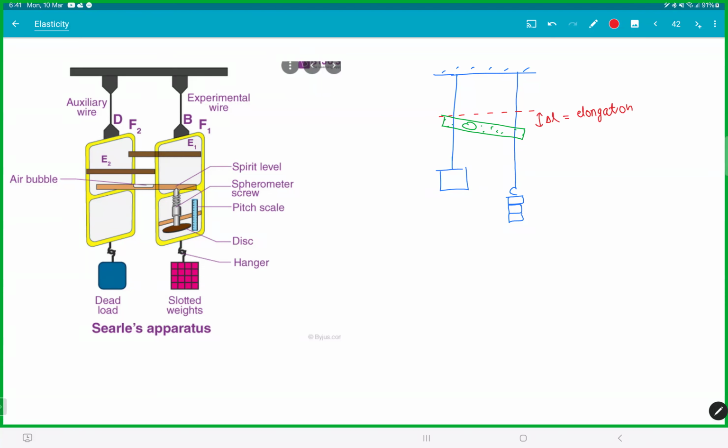So here what we do, can you see the screw here? This screw here, you rotate the screw. When you rotate the screw, it pushes the spirit level up.